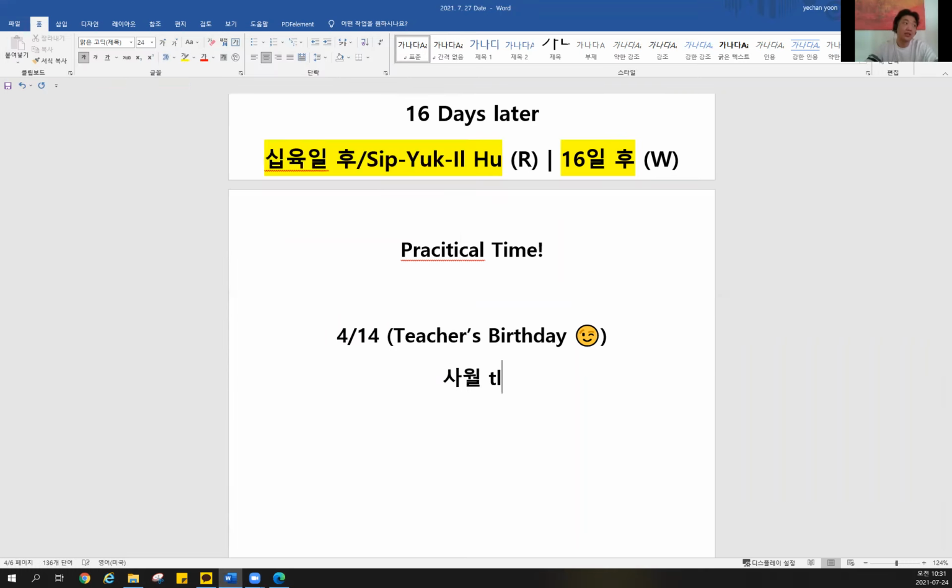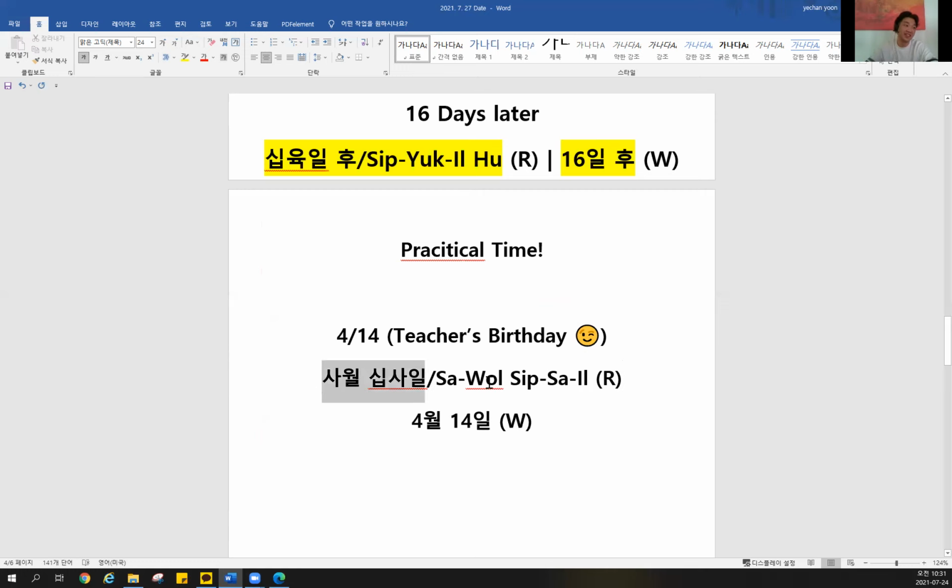That's all. 4월 14일. 4월 14일. Okay, not that difficult, isn't it? This is how to say it. How about the writing? Just easy. 4월 using the number 14일. This is how to write it down. Okay? Super easy.